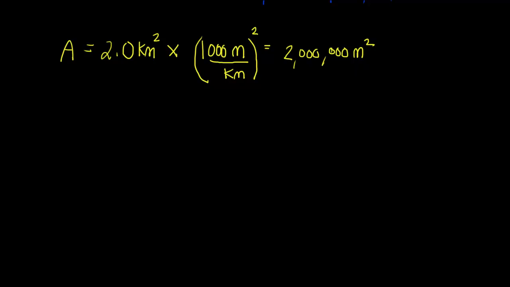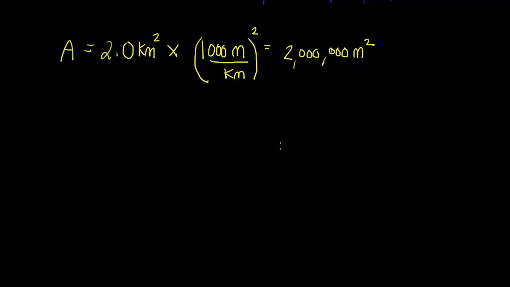Now, knowing this area, we can calculate the volume per time of both precipitation and evapotranspiration by multiplying the rate in meters per year times the area in meters squared.